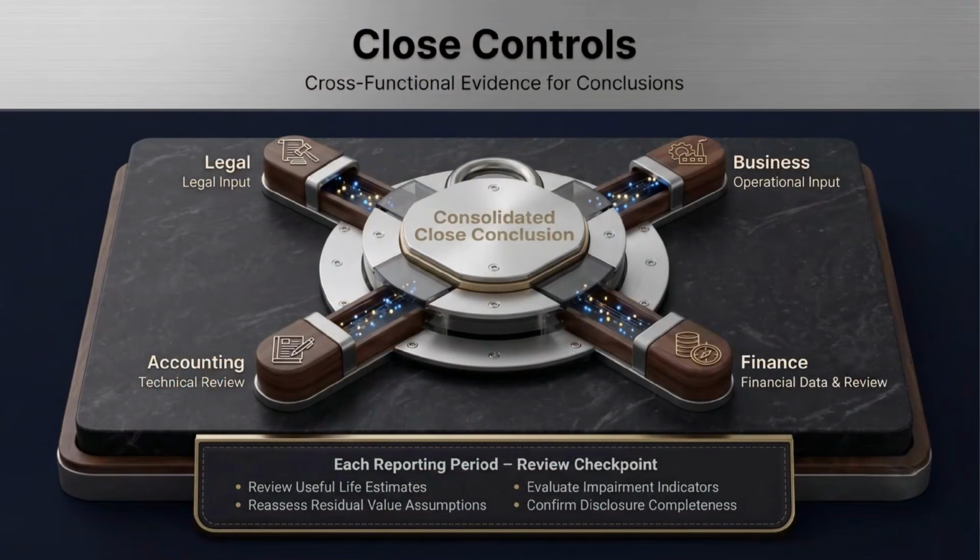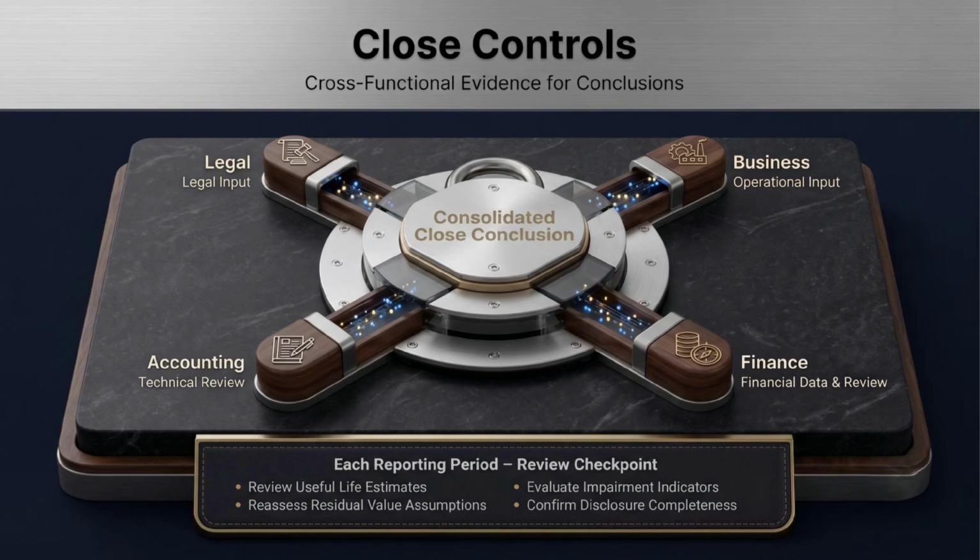Close controls are not paperwork decoration. They are how accounting conclusions become defensible. Legal confirms rights, renewal terms, and contract limitations. Business operations confirm expected use and whether the asset still supports operations. Finance and FP&A support forecasts, cash flows, and impairment indicators.